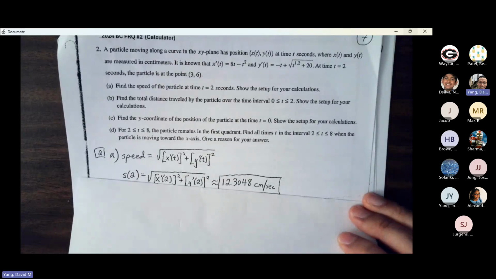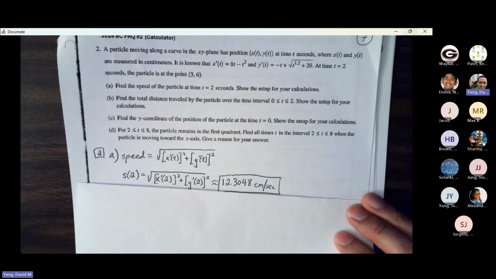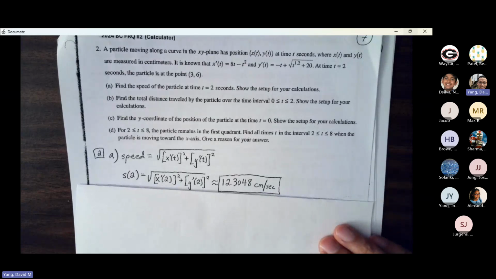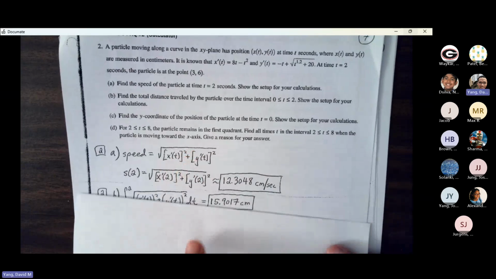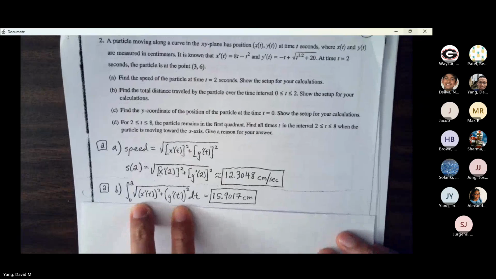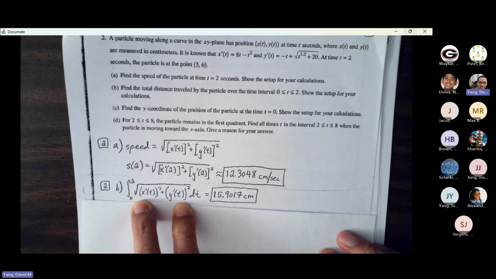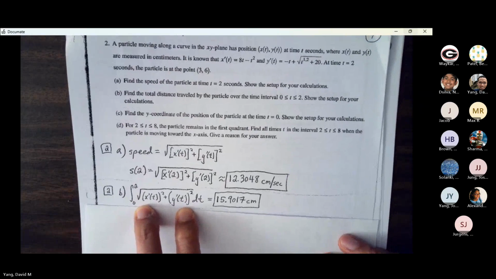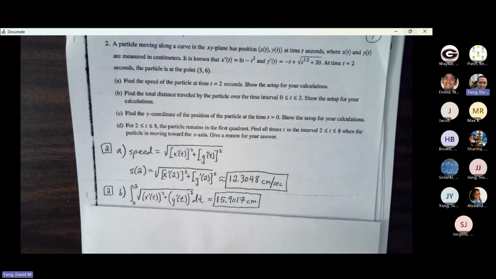Part B, find the total distance. So total distance is just the definite integral of the square root here. So practice entering that in, see if you're able to get that.